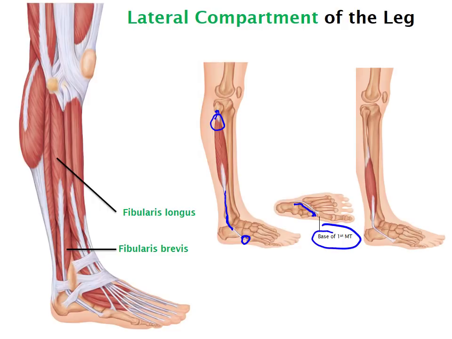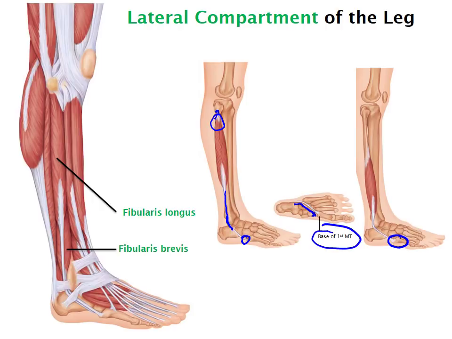Because it runs transversely across the sole of the foot, it helps to support the lateral arch of the foot. The tendon of fibularis brevis extends to and attaches onto the tuberosity of the fifth metatarsal. So here we see that attachment there.